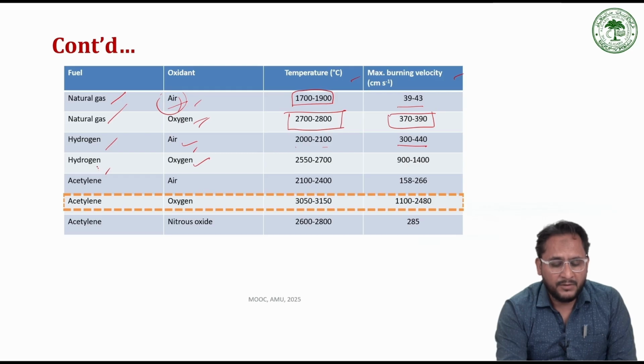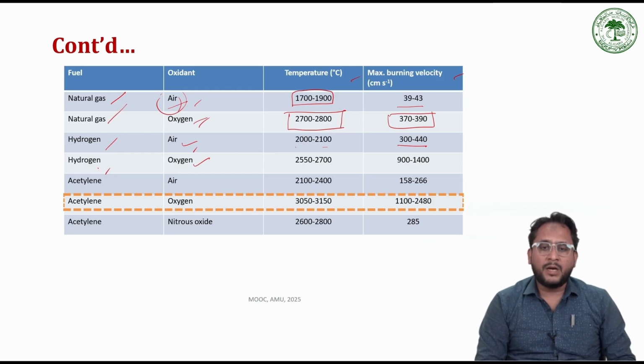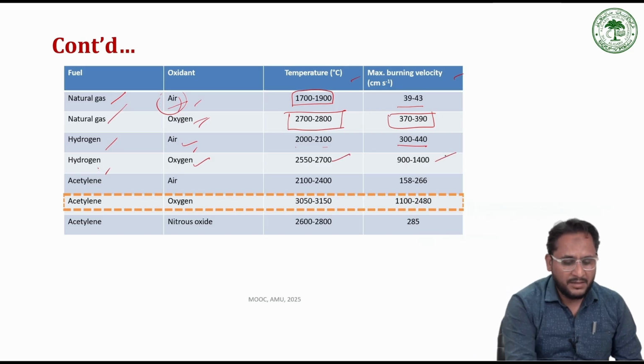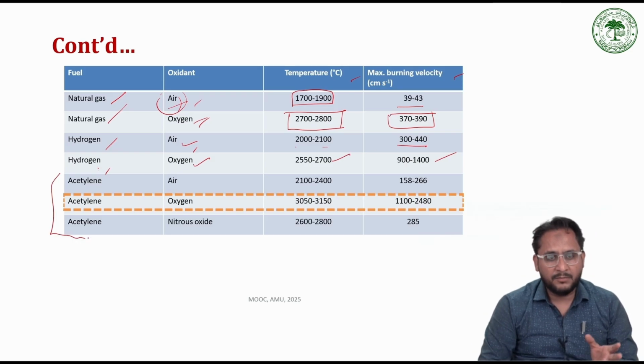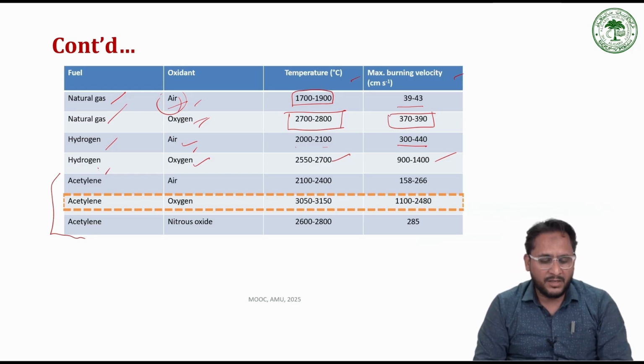Similarly, with hydrogen fuel and pure oxygen as oxidant, we can go up to higher temperatures as well as higher burning velocity. But when you look at acetylene gas, because we can achieve very high temperatures as well as burning velocity, we always prefer using acetylene gas.